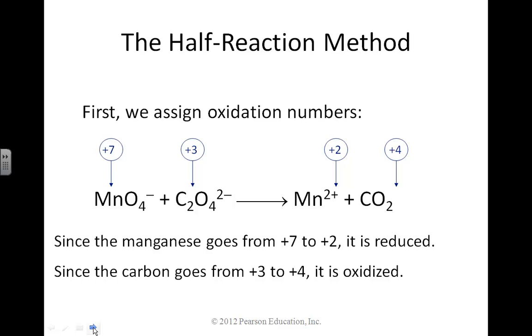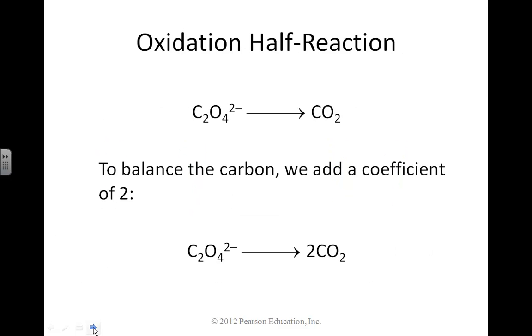Then you have to recognize that the carbon in oxalate is going up the number line, so it's losing electrons, or getting oxidized, when it forms carbon dioxide. So by recognizing that the manganese goes together from beginning to end as one half reaction, and the oxalate has the carbon in it that converts to CO2 as the other half reaction, you can continue on in looking at each individual half reaction.